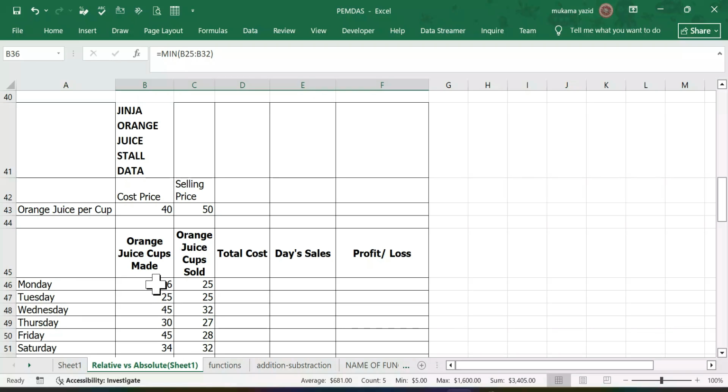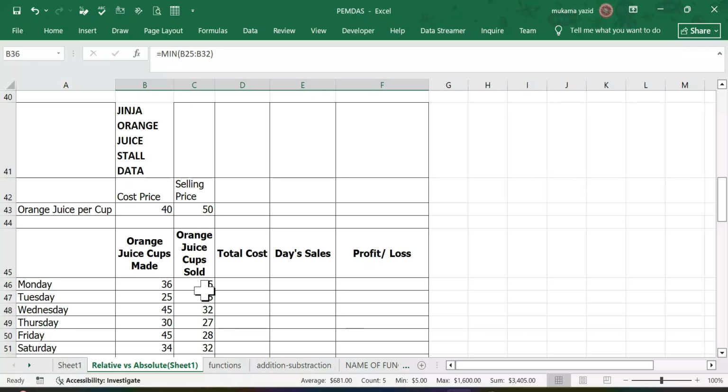No, it's not like that. You can make 100 and get only 50 customers, so you can manage to sell 50. So here they made 36, but they managed to sell 25.